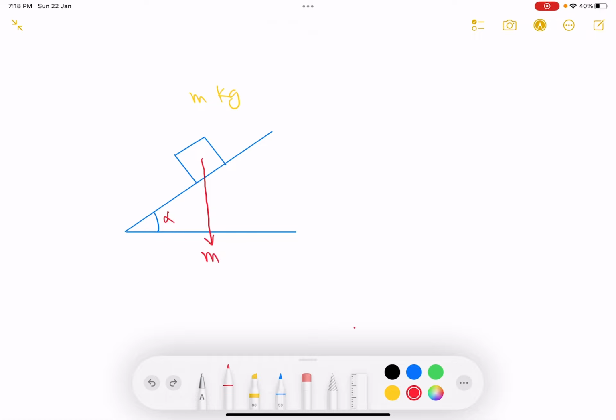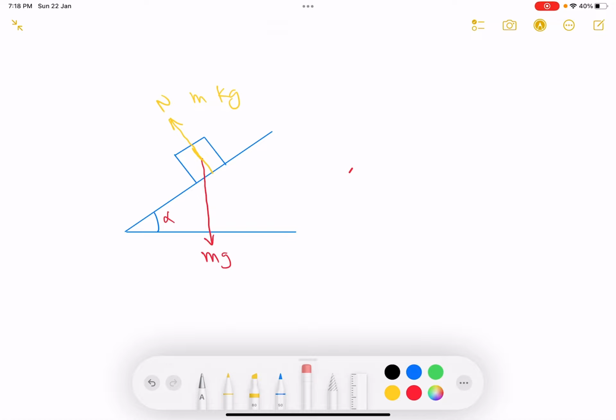This is mg, and this, I'll choose some other color, let's say this is normal. I'm just showing this direction, so it's normal upward. And I can remove this. Okay, fine.